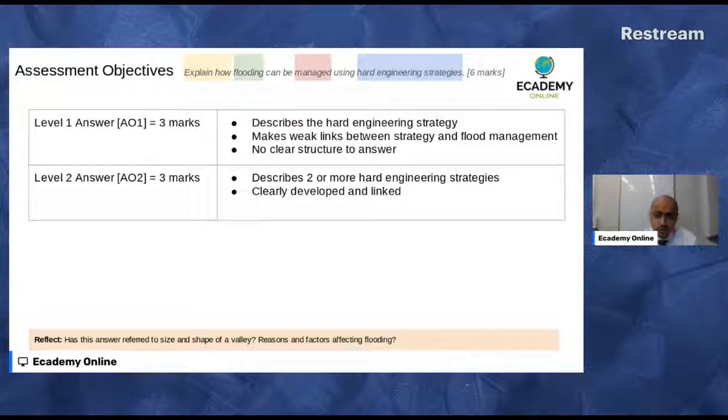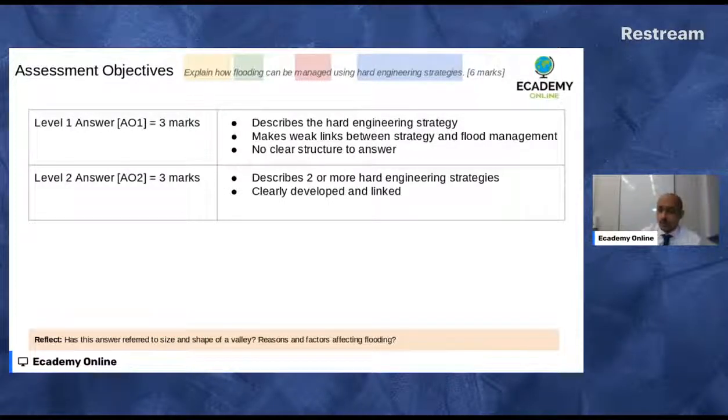So first of all, you need to describe the hard engineering strategy or strategies that you'll be talking about. You need to make some general links. If you're only getting a level 1, you'll make some weak links between strategy and flood management. And there won't really be much clear structure to your answer. So this is something that you would get from an assessment objective 1 answer.